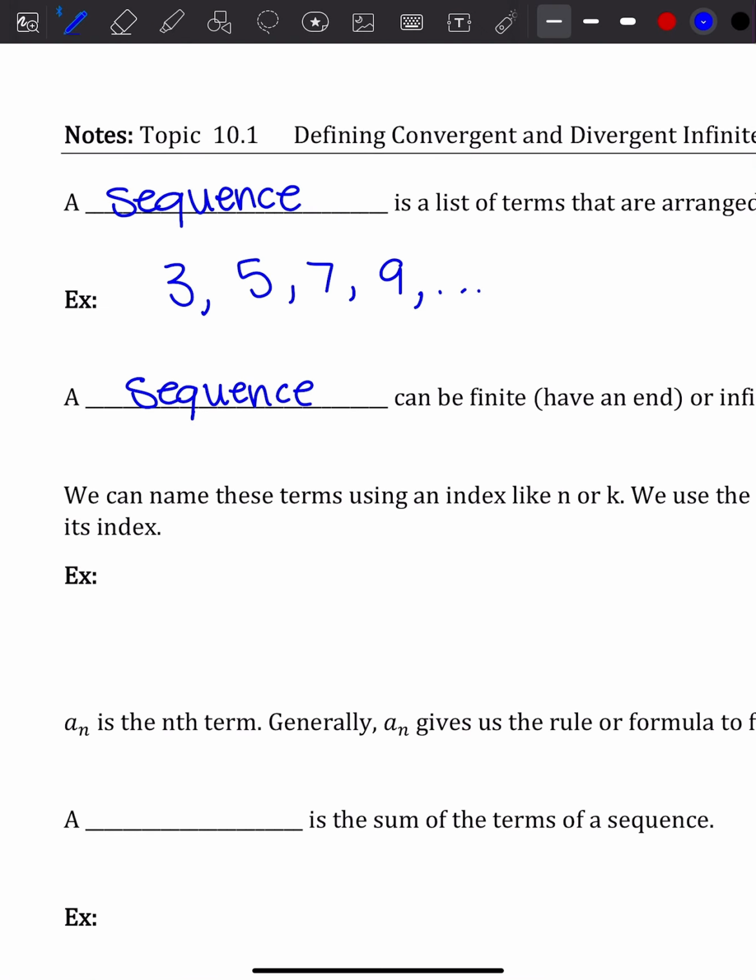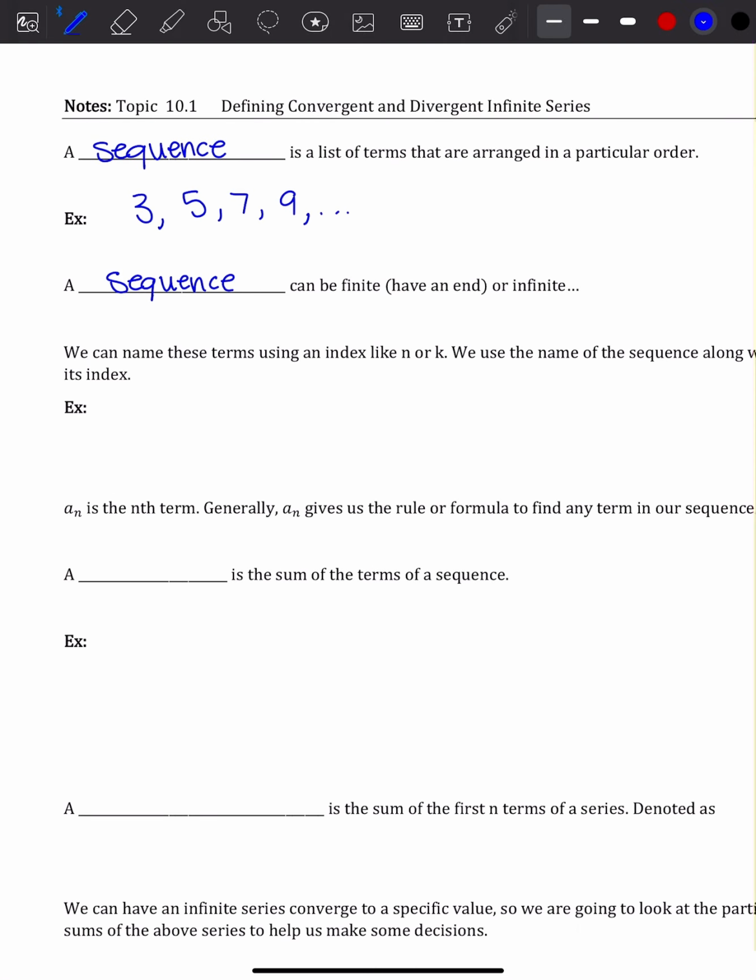We can name these terms using an index like n or k, like what we did for summation notation. We use the name of the sequence along with its index. So if we have named the sequence, sequence A, sequence F, sequence J, you would do that letter and then sub a number.